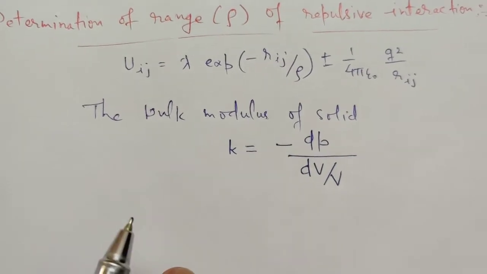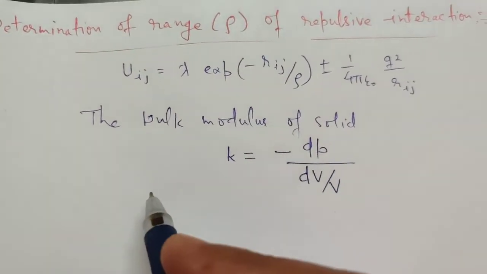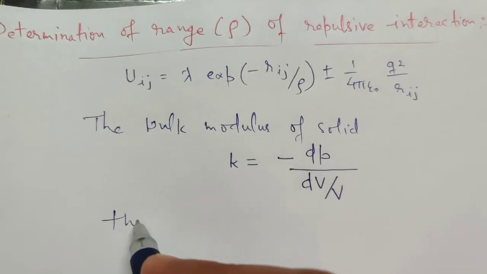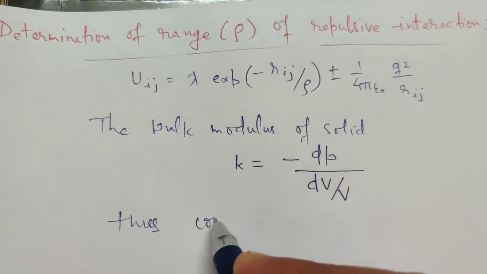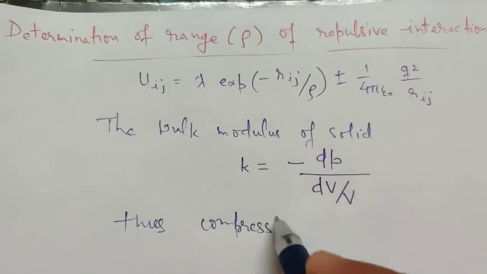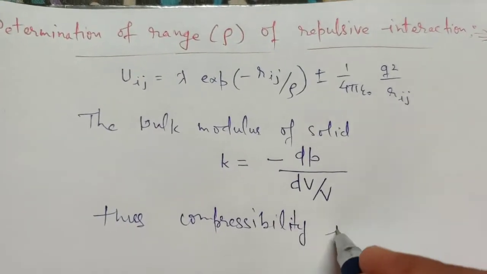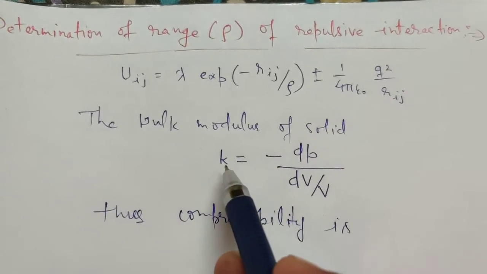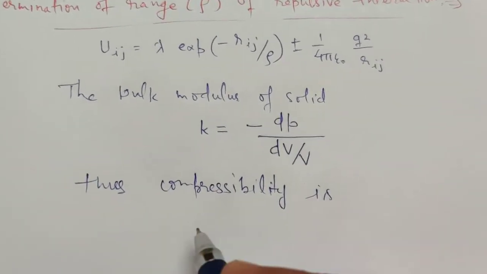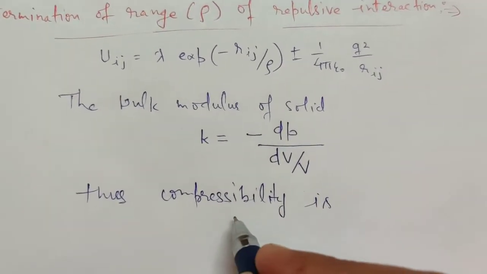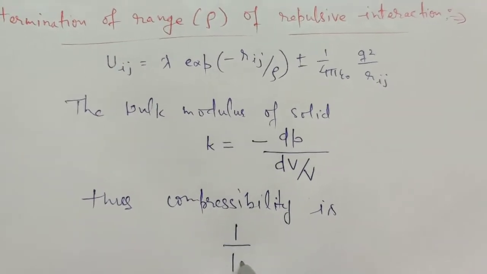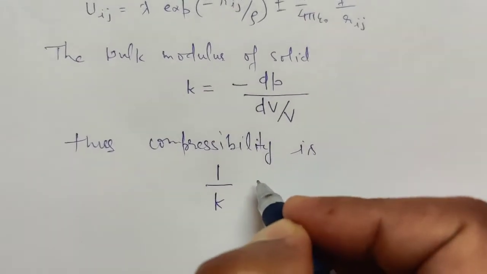Now, since the compressibility is basically the reciprocal of the bulk modulus, the compressibility is 1 by bulk modulus.